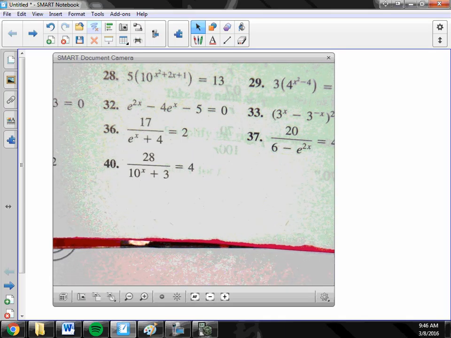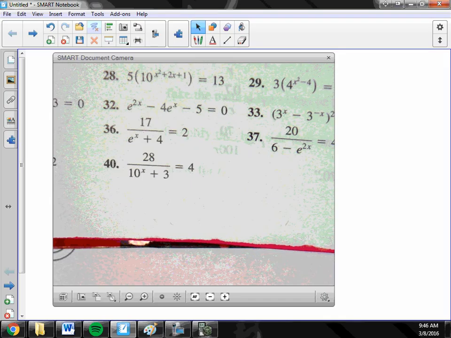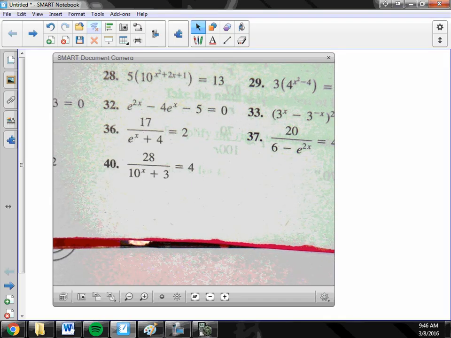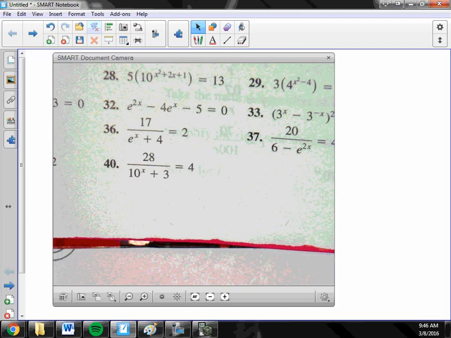So this equation looks similar to something we have a lot of practice with. It looks really similar to a quadratic, right? So we're going to do u substitution, which is something we did a couple months ago.